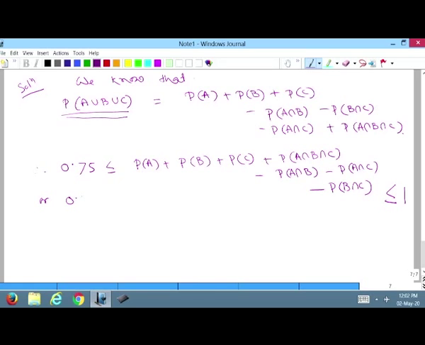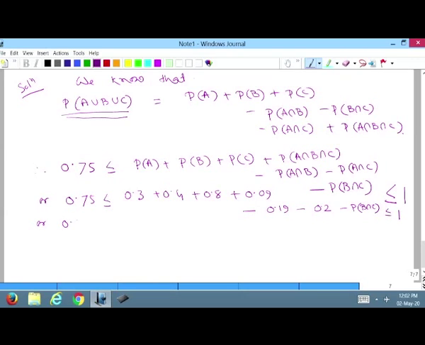Or, 0.75 is less than or equal to 0.3 plus 0.4 plus 0.8 plus 0.09 minus 0.19 minus 0.2 minus probability of B intersection C, less than or equal to 1.